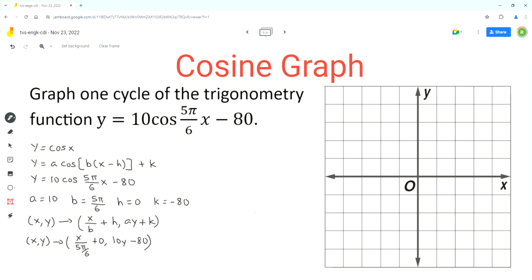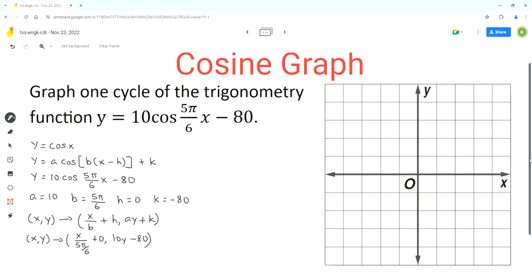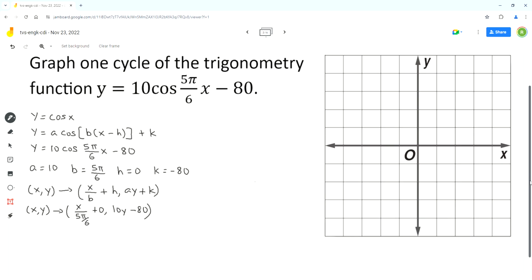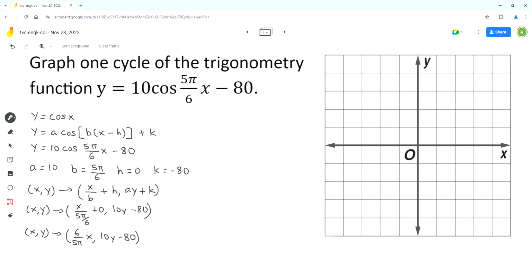We can simplify this expression by flipping the fraction 5 pi over 6 that's in the denominator. So this is the mapping rule for this given transformed function.